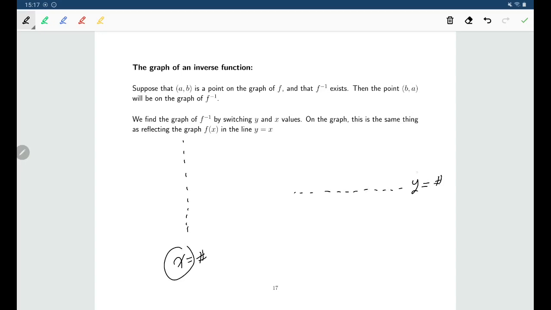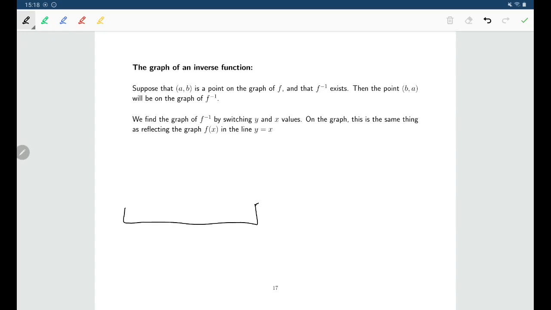Again, we're switching all x's and all y's. It's also true that for your function f, whatever the domain is, those are x values, and that will be the same as the range for f inverse, the y values. Again, switching x's and y's for all things.